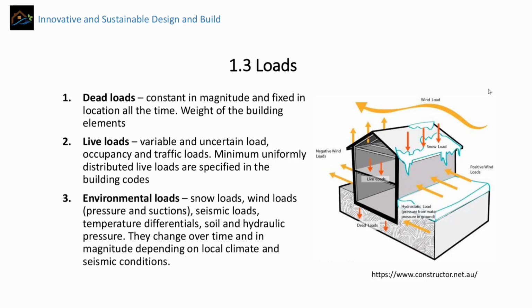In residential buildings, for example, the occupancy is different, so we might have various live loads during the life cycle of the building. For concrete bridges, we might have traffic loads, which also change over time. Sometimes we have higher traffic loads at peak hour, for example, and lower traffic loads at other times. And there are sometimes minimum uniformly distributed live loads according to some codes and specifications.